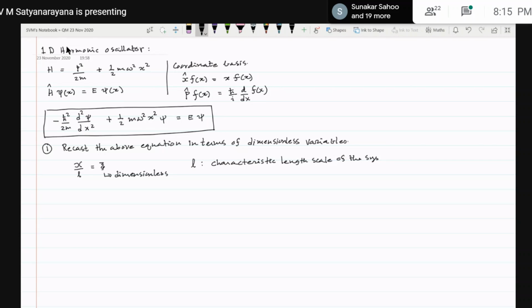In this case, the system is the one-dimensional harmonic oscillator. And if I know this characteristic length scale, then all lengths can be measured in units of this. That then becomes simply dimensionless.